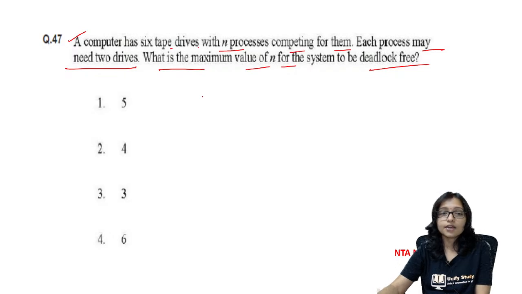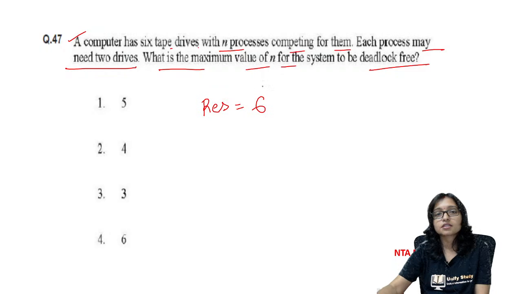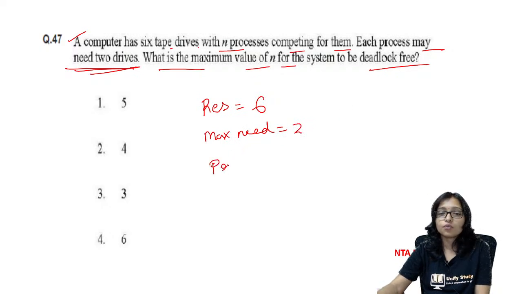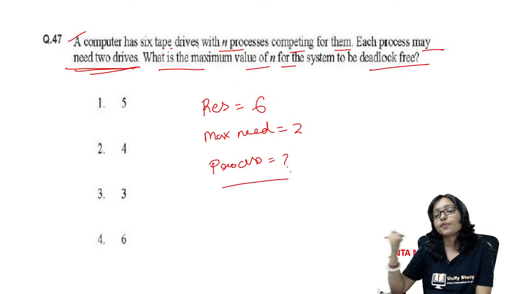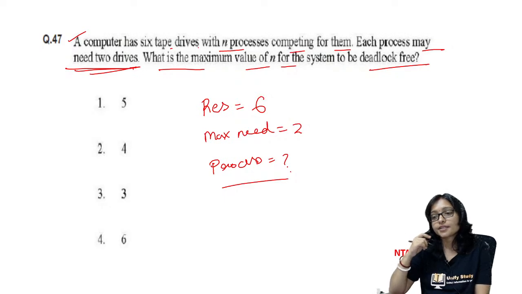Here it's given that the number of resources is 6 and each process needs 2 tape drives, so max need is also given as 2. Now they are asking for the number of processes. Do it.